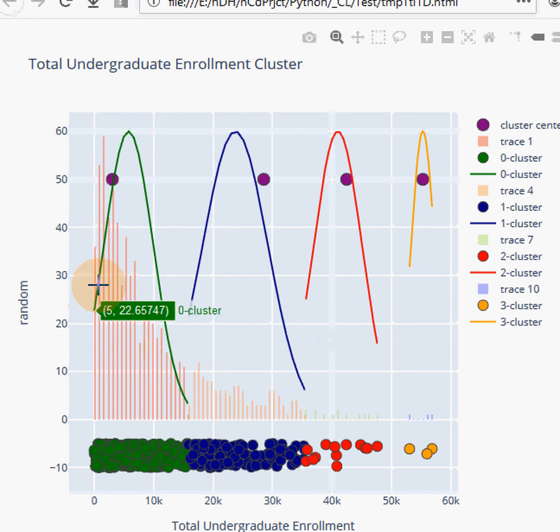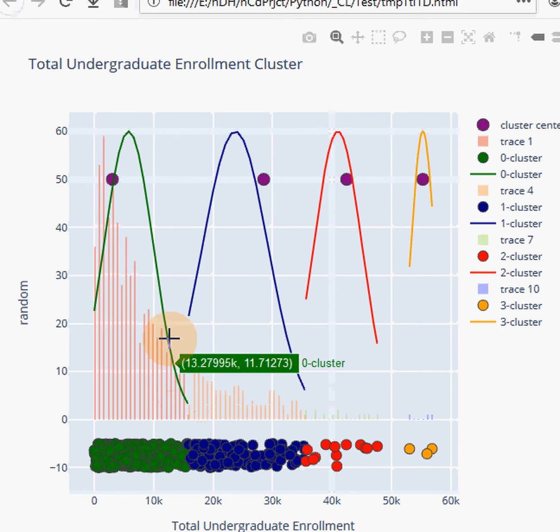And the little purple circle represents the center of the clustering, calculated by the clustering algorithm.